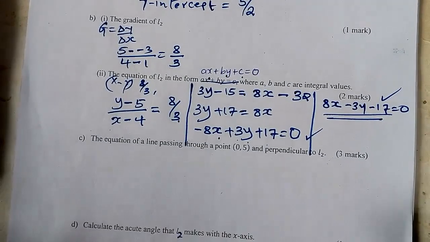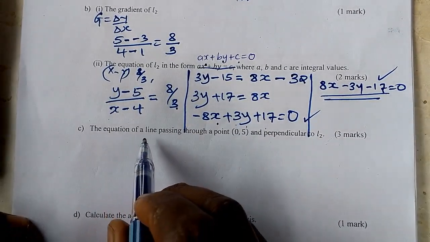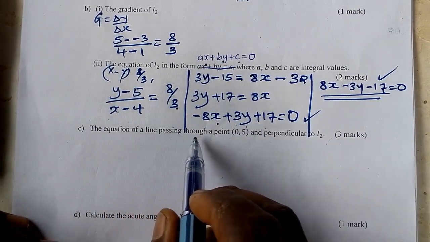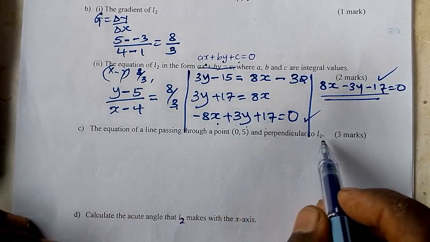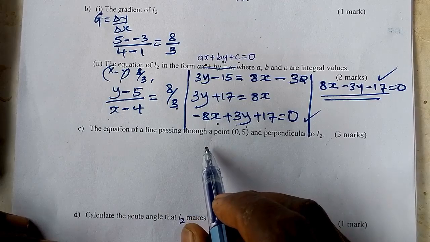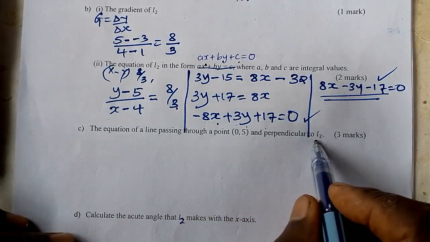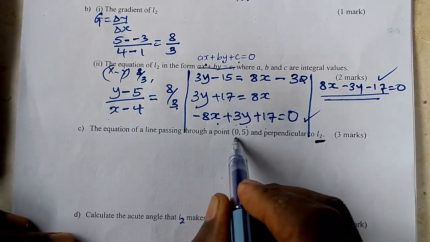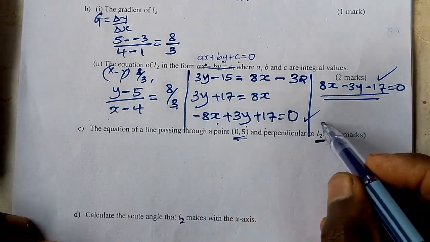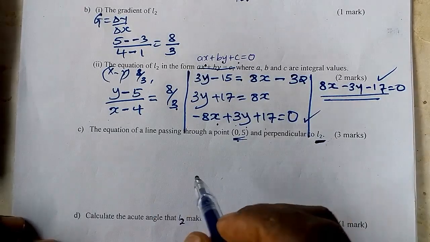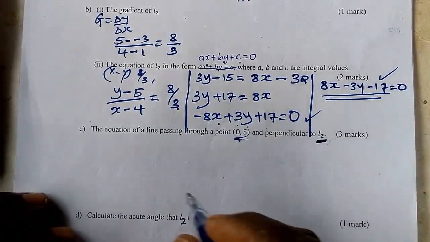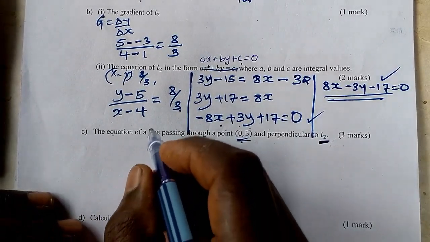Still correct. Now, the equation of a line passing through a point and perpendicular to line 2. There is another line that is perpendicular to line 2 and it passes through this point. If it is perpendicular to line 2, we know the relationship between perpendicular lines. So let us get the gradient of that line.